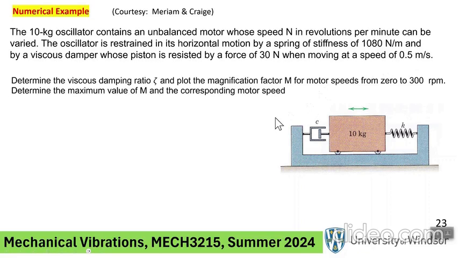It says fine. First of all, find the damping ratio. That's not a big deal. And then it says plot that magnification factor, big M. Remember, I told you that some books call that expression, 1 over the square root of (1 minus r squared) squared plus (2 zeta r) squared, they call it magnification factor.